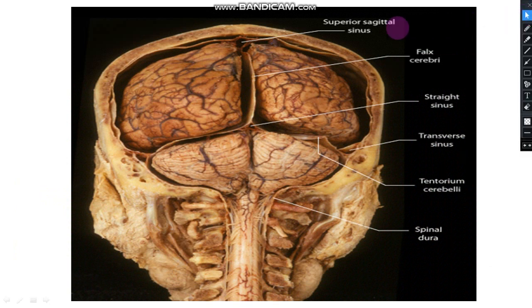This is a coronal section of the head and neck. This is a cadaveric view, and here you can see very well how these dural folds are dividing the cranial cavity into compartments.